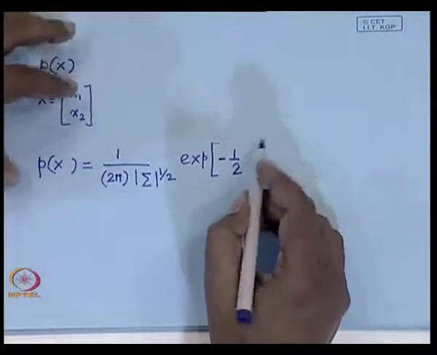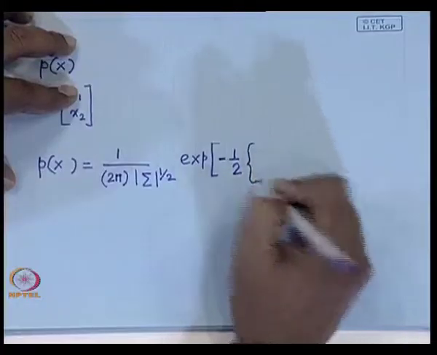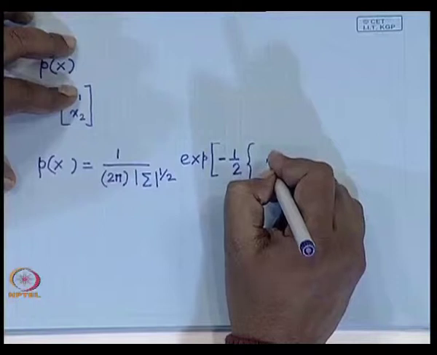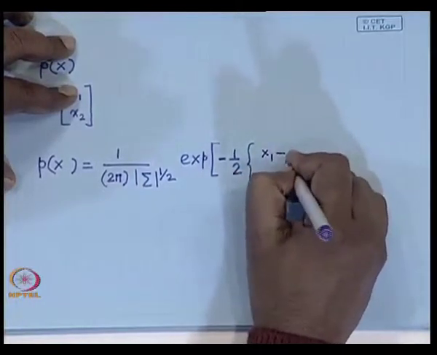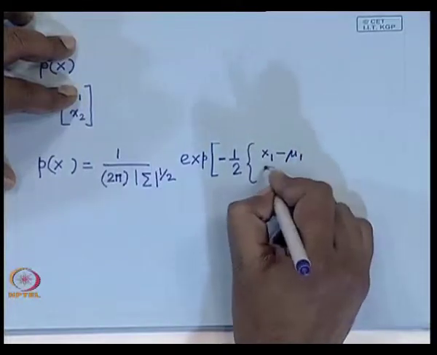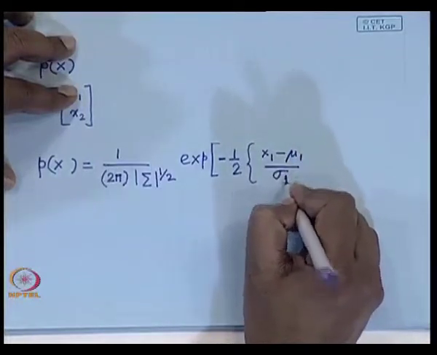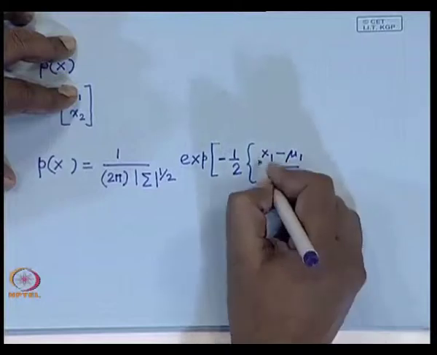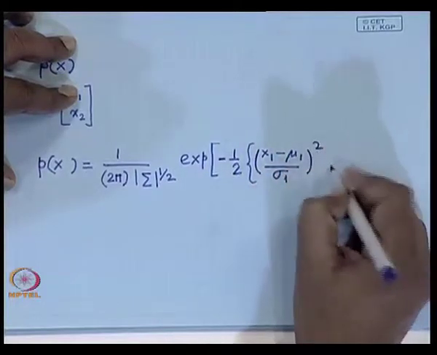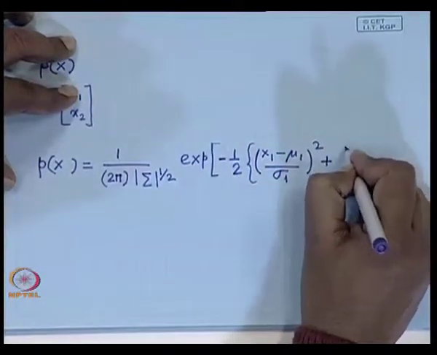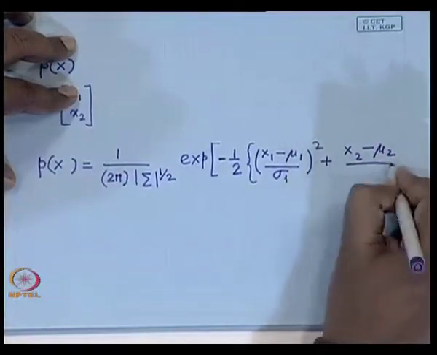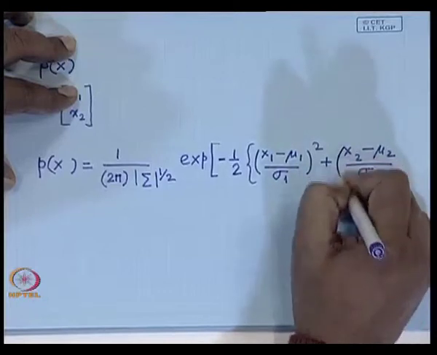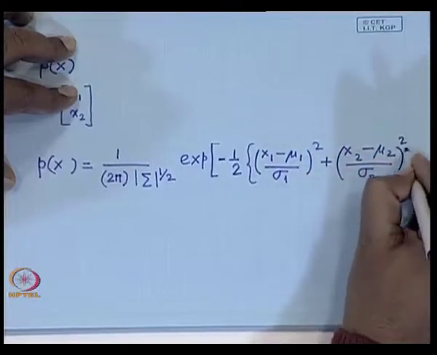This can be written in the form, now I have two components, one is x 1, other one is x 2. So, x 1 minus mu 1 upon sigma 1, whole square plus x 2 minus mu 2 upon sigma 2 whole square.